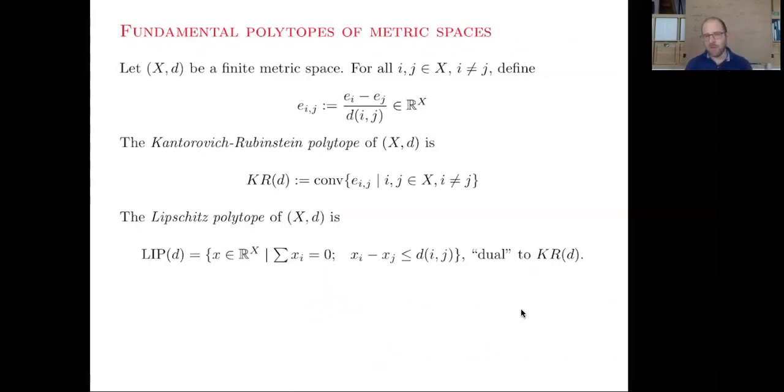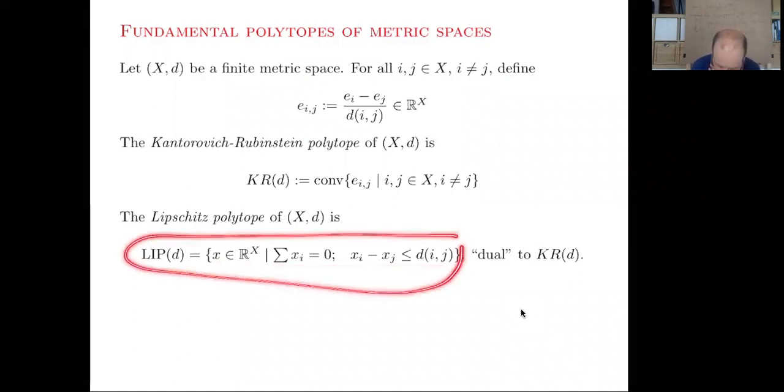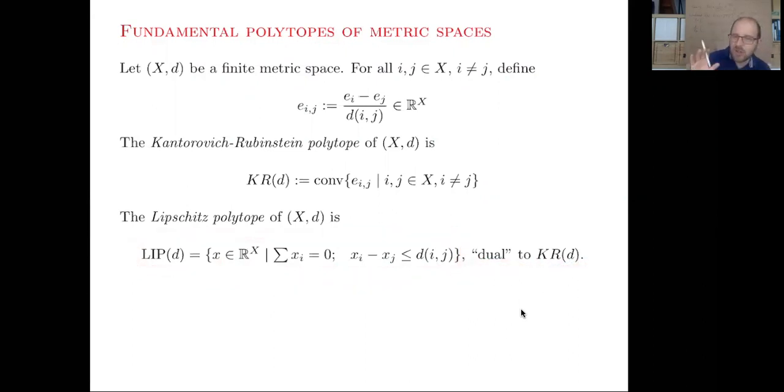Depending where you come from in mathematics, you may be more familiar with, or you may like, this other description. The Lipschitz polytope is the set of all points that represent Lipschitz functions with constant 1 on the given metric space. This is another convex polytope, and it turns out to be dual to the original one.